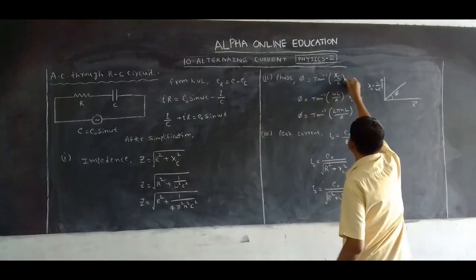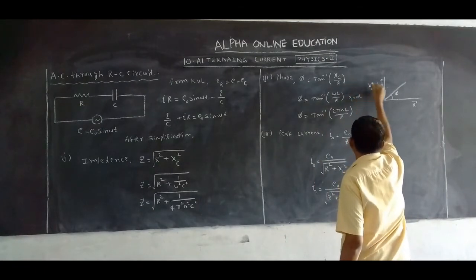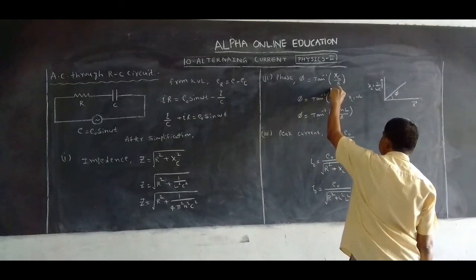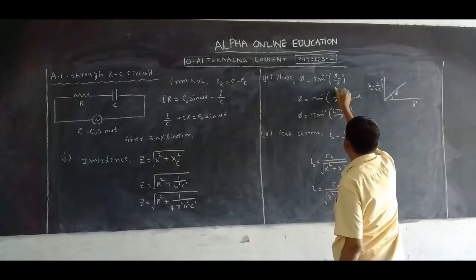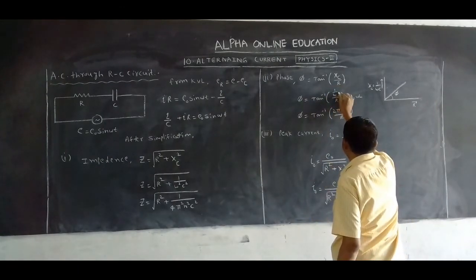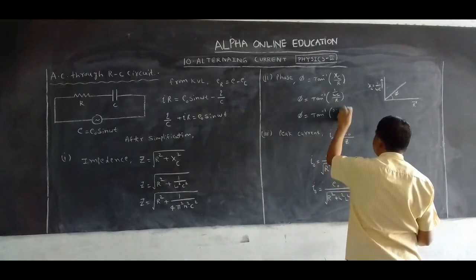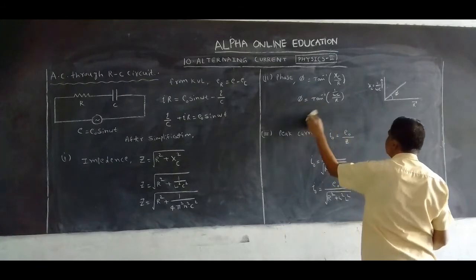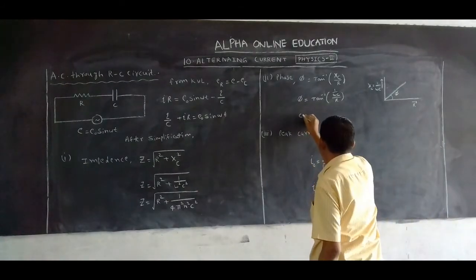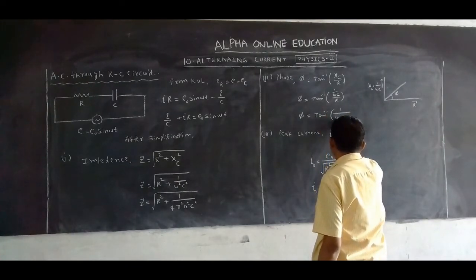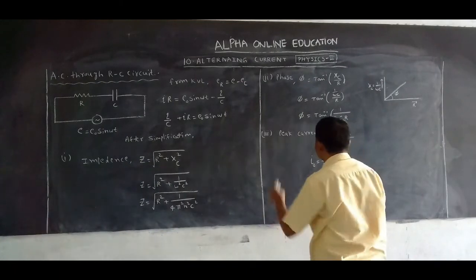So this is value tan theta, opposite side by adjacent side. What is XC? XC is equal to 1 by omega C. Okay. Now we can write like this. Phi is equal to tan inverse 1 by omega C R. Okay.